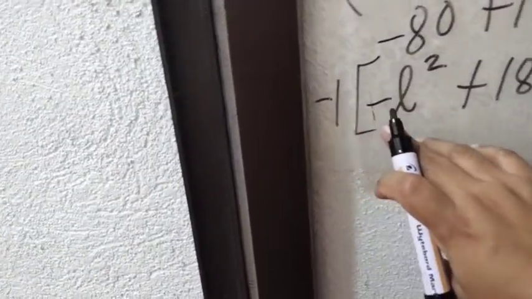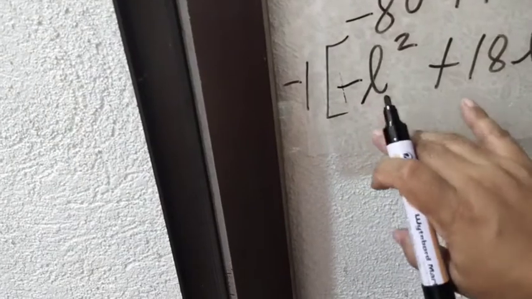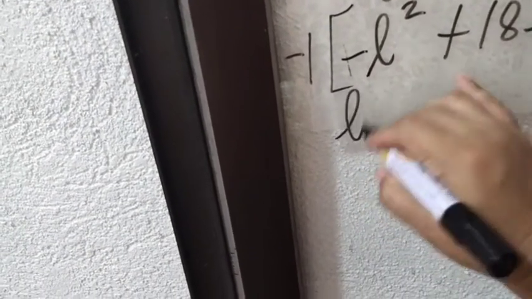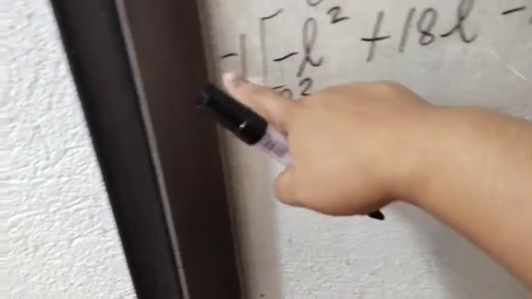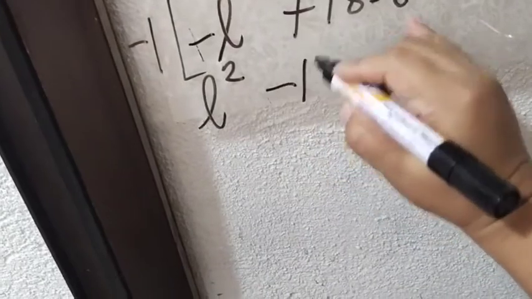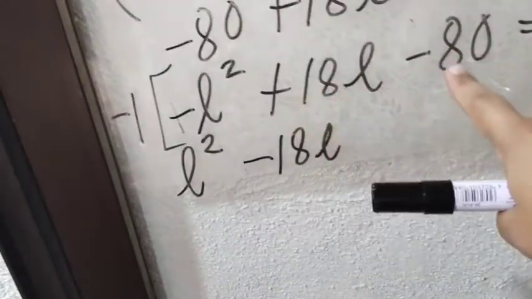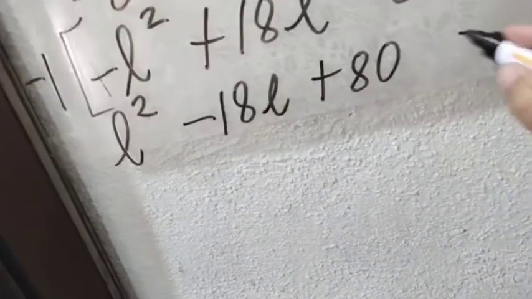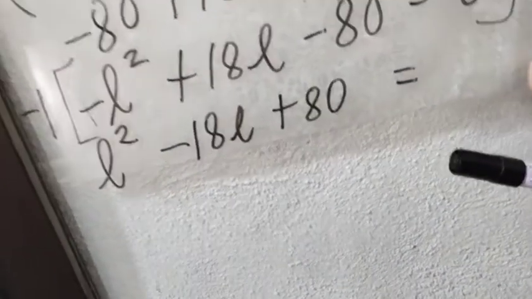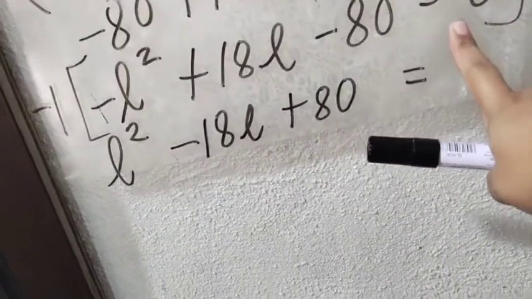So, negative 1 times negative 1L squared is positive L squared, or positive 1L squared. Negative 1 times positive 18L is negative 18L. Negative 1 times negative 80 is positive 80. Equals, again, zero, identity.